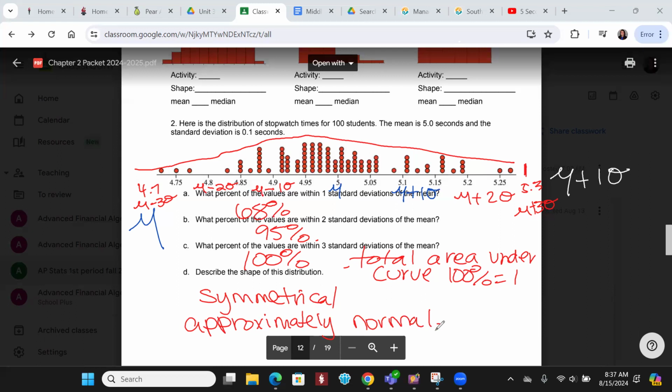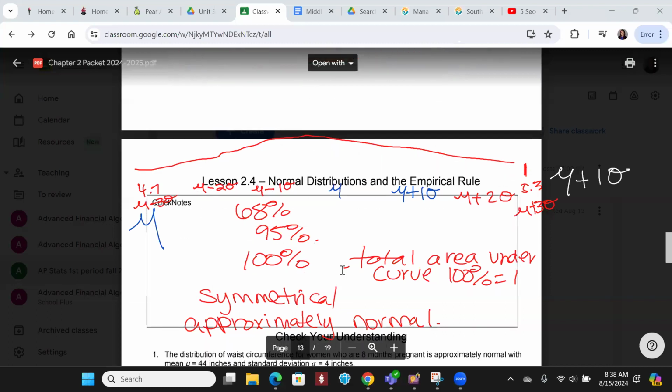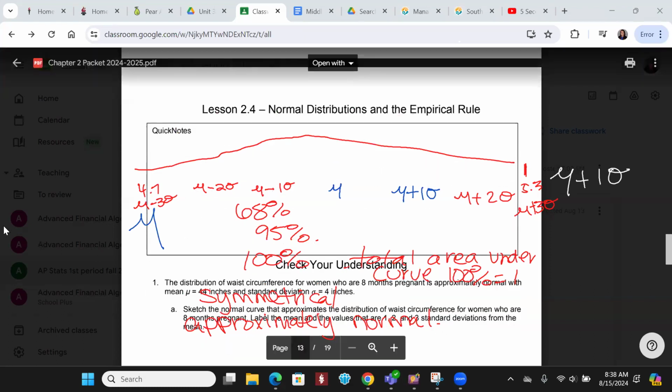So it's symmetrical and approximately normal because we are going to talk about the normal distribution curve. Have you heard of that before? I think you've talked about it in algebra 2. Yes, the bell curve. We are calling it a normal distribution. So go ahead and flip the page. Let me give you some information that you probably already know.